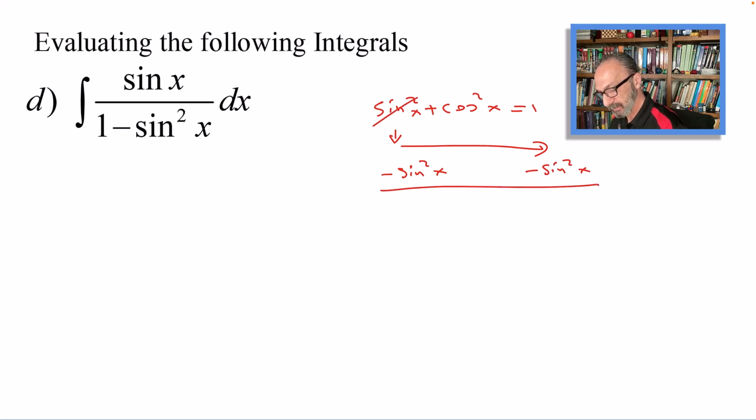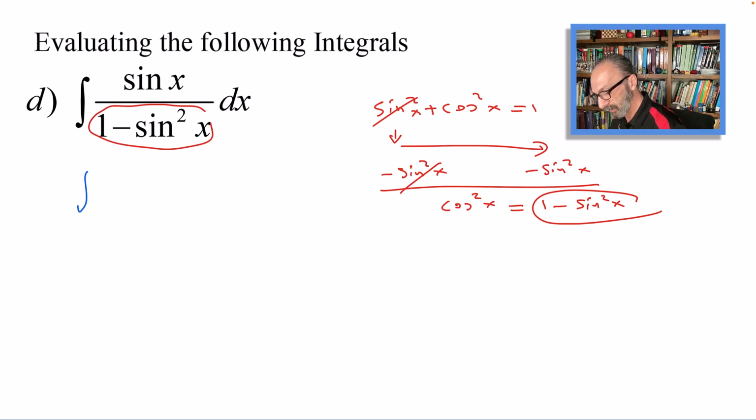This one cancels, and we end up with cosine square x equals 1 minus sine square x. So this portion right here is this right here. So the problem becomes integrate sine x over cosine square x with respect to x.